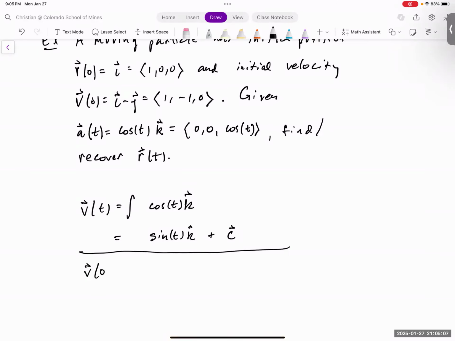Velocity at 0 is sine of t plus our constant c, and this is equal to i minus j.